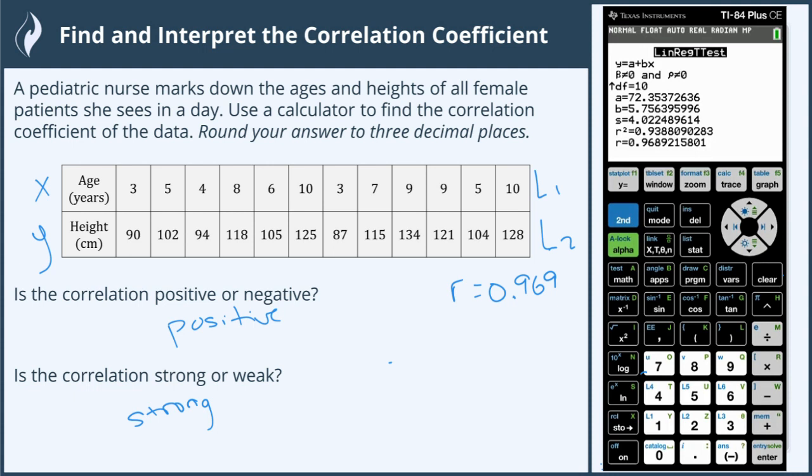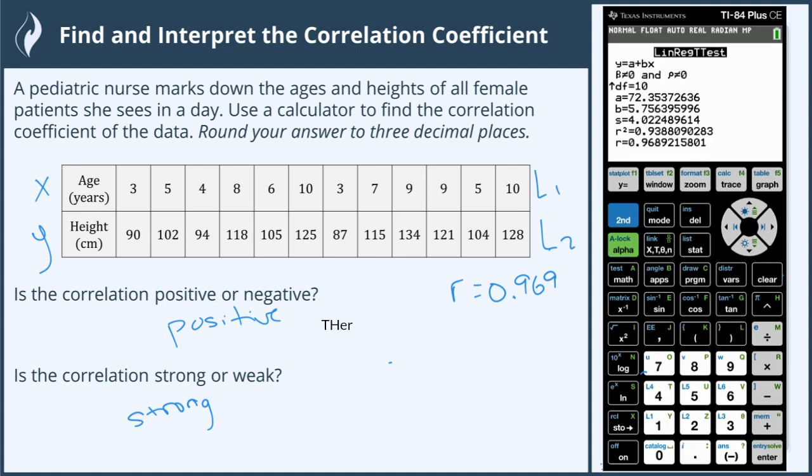Again, your correlation coefficient R is limited between -1 and 1. The closer it is to -1, the stronger the negative correlation, and the closer it is to +1, the stronger the positive correlation. And R equal to 0.969 is very close to +1.